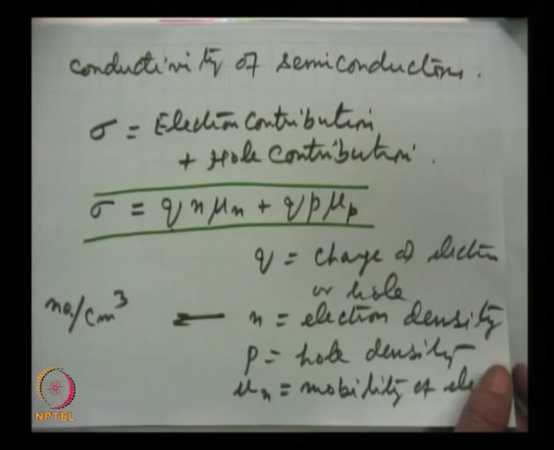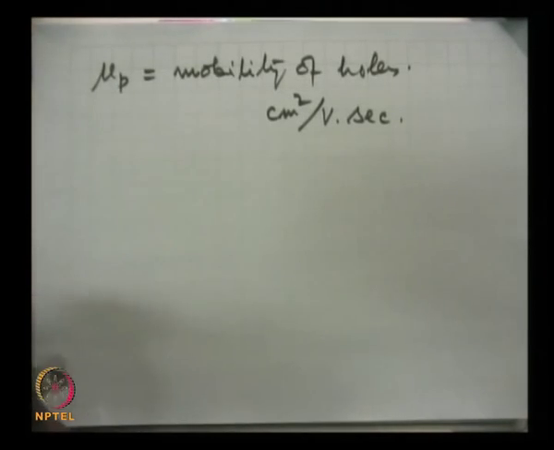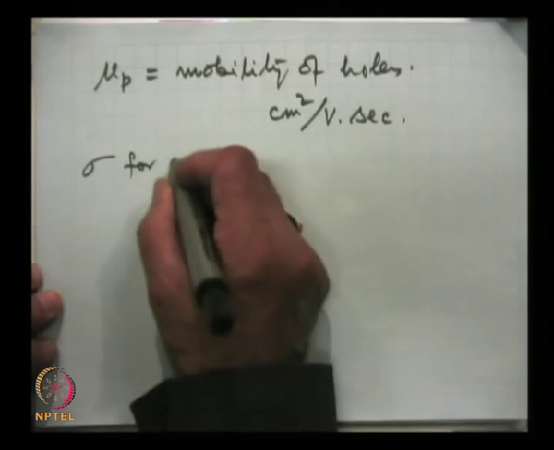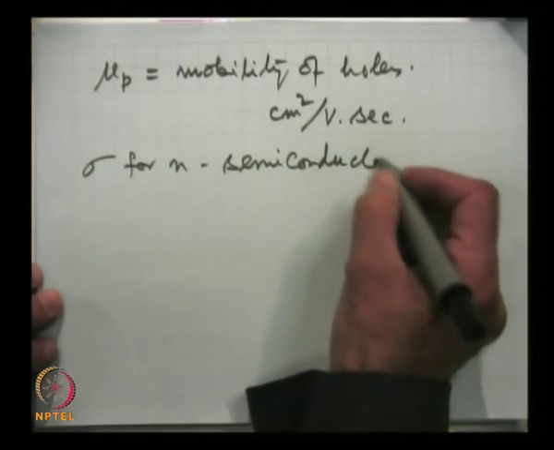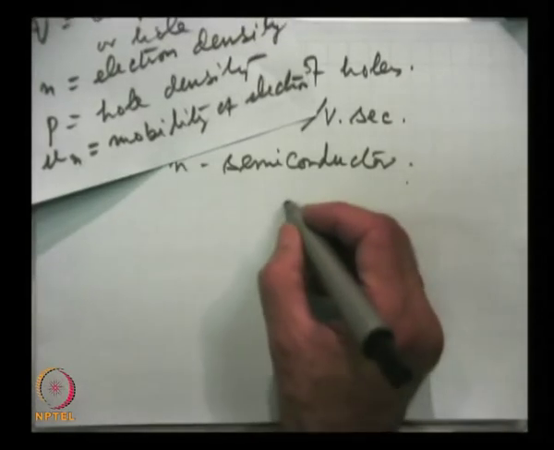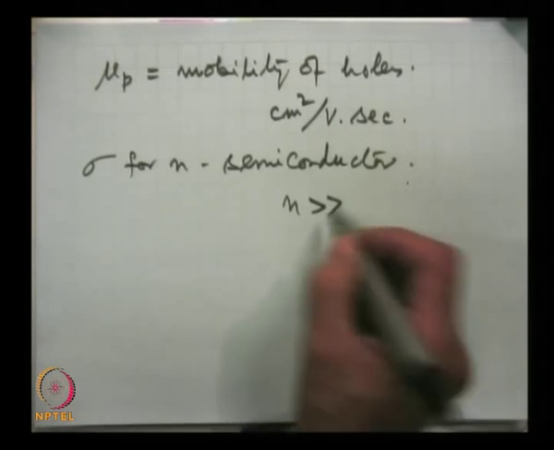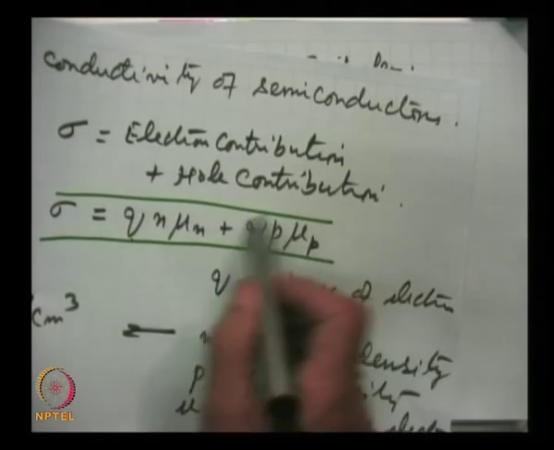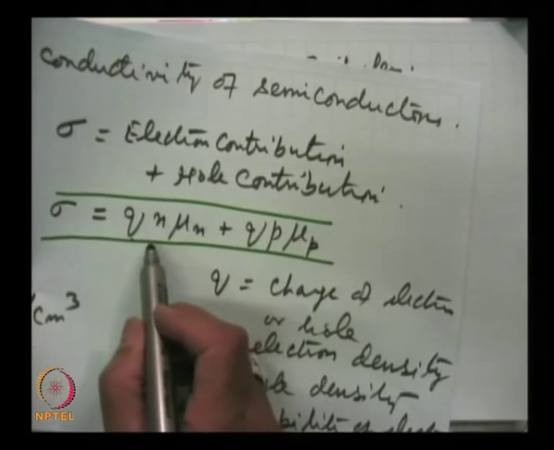conductivity of p semiconductor. The conductivity for n semiconductor: in this expression, the electron concentration will be much higher as compared to hole concentration. So, this term will be negligible, several orders of magnitude smaller than this term.